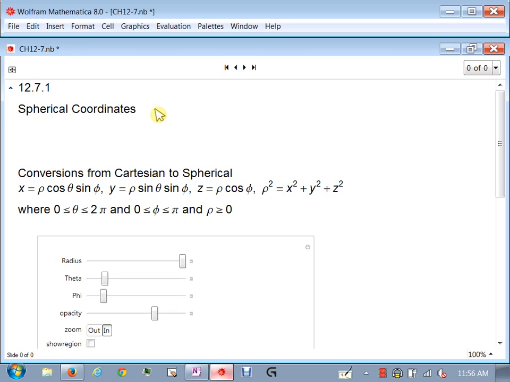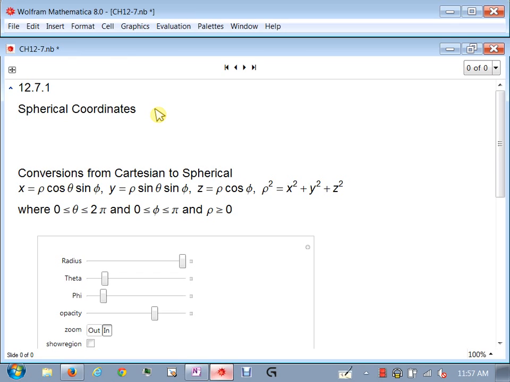I want to make sure I follow exactly the variables that the book uses. And then your y becomes rho sine theta sine phi. And then your z becomes rho cosine phi. Every time you go to spherical coordinates, those are the conversions you have to make.